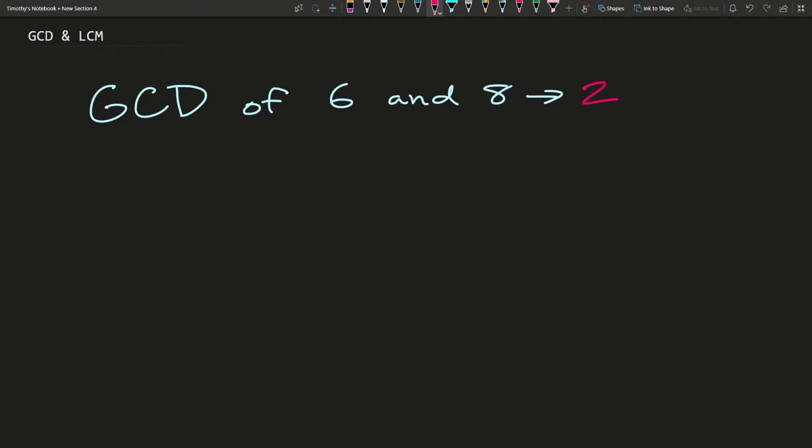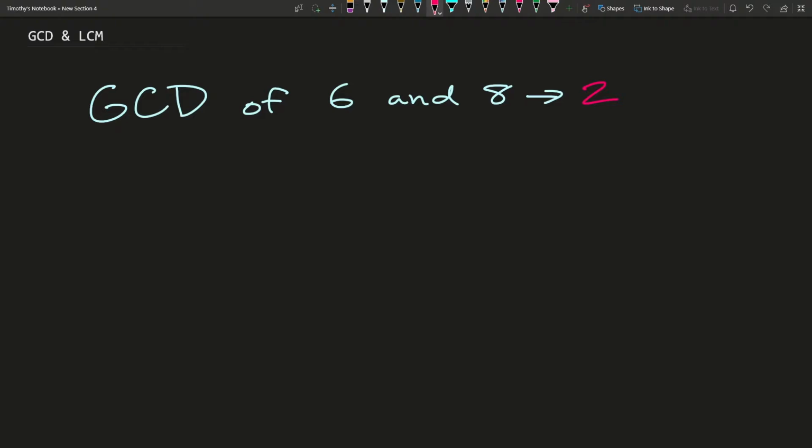And the reason it's 2 is because, let's think backwards. What is the greatest common divisor of these numbers? Well, it's at most the minimum between the two numbers, right? So it's at most going to be 6. Well, in this case, it's definitely not 6 because 8 does not divide into 6. Then let's work our way down.